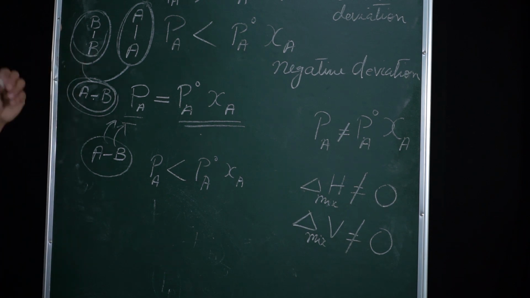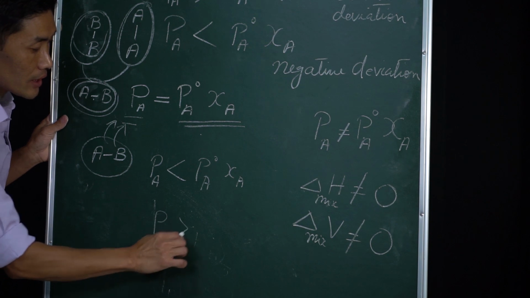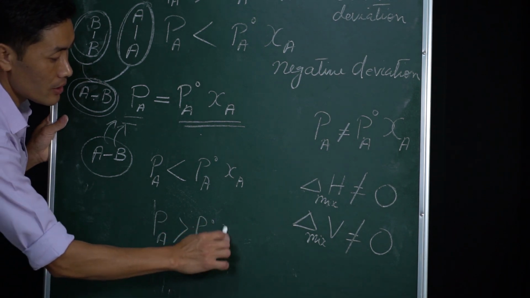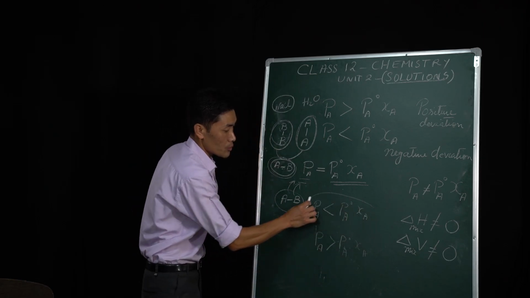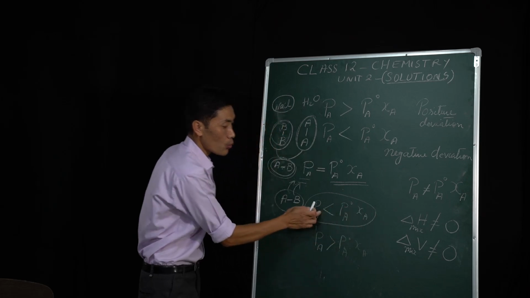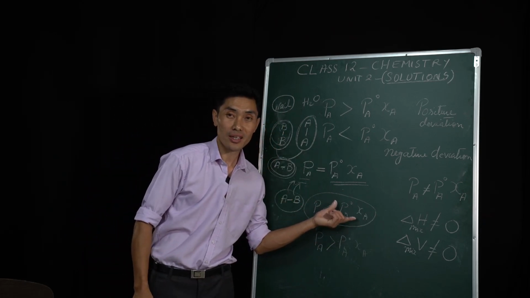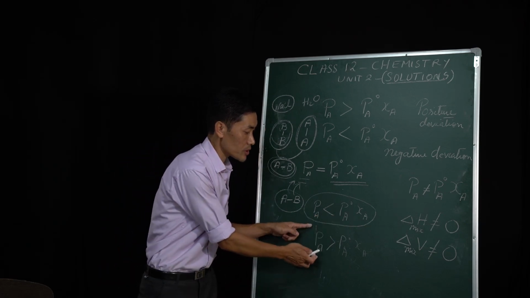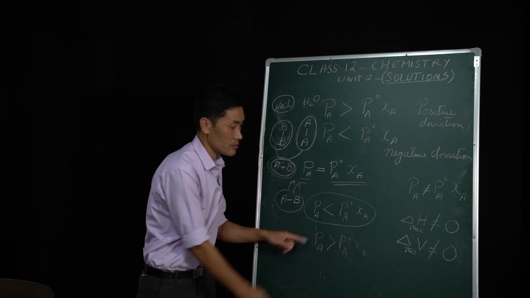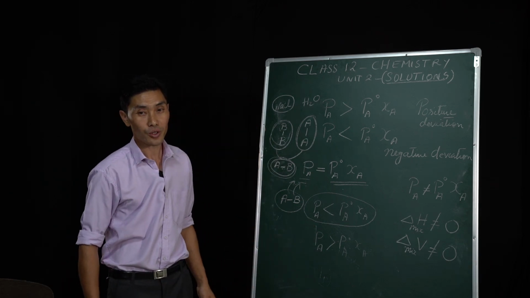So when the vapor pressure increases, PA becomes greater than the product of PA naught and XA. As I mentioned before, those where the vapor pressure becomes lower show negative deviation from Raoult's law, and those for which the vapor pressure is greater are said to show positive deviation from Raoult's law.